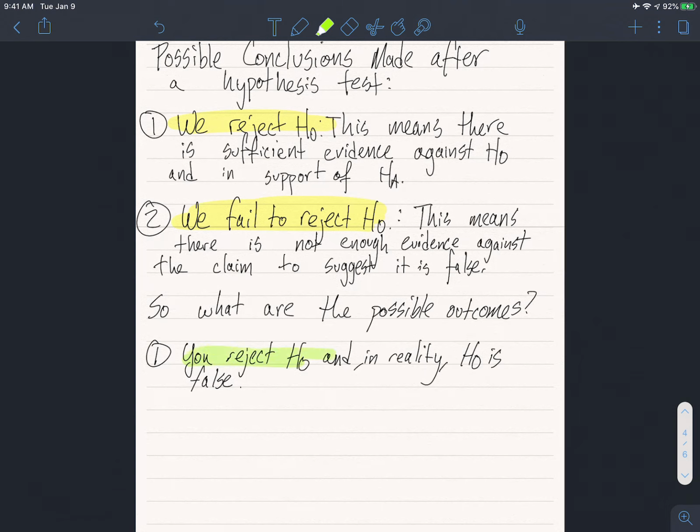If you reject H0 and in reality H0 is false, you rejected the idea of H0, which is good because it's false. So I claim 42% of my students get Bs, and you end up rejecting it, and you say, oh, no, evidence suggests it's only 10%, Nick, or something like that. And if I was really lying about what percent of my students get Bs, then you did the right thing. You rejected my claim, because in reality it was false.